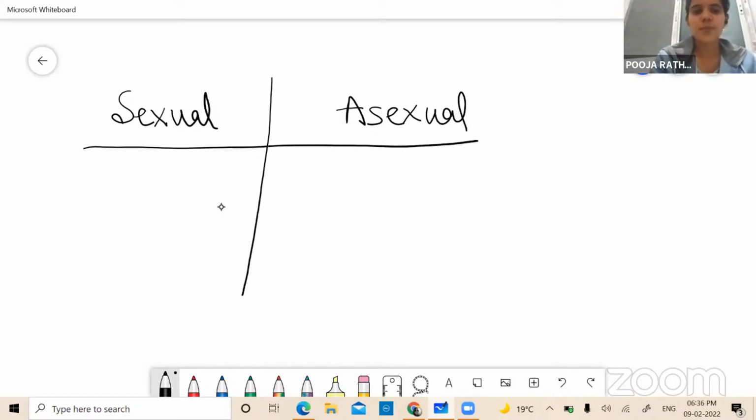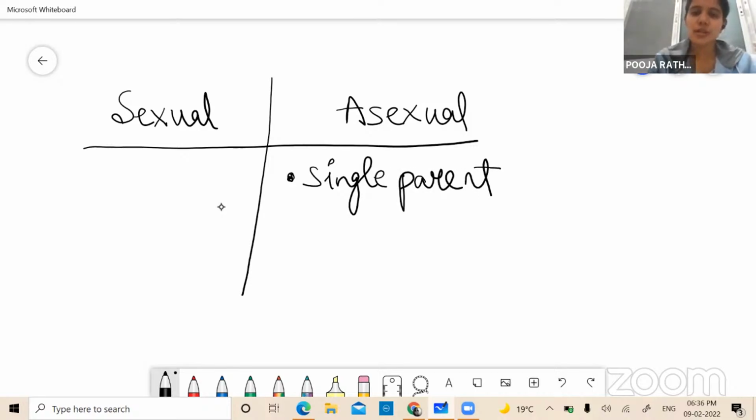Asexual reproduction is when a single parent is involved. Sexual reproduction is when two parents, or more than one parent, are involved.